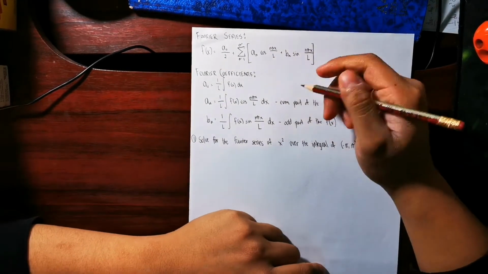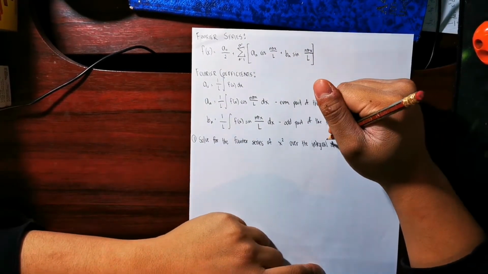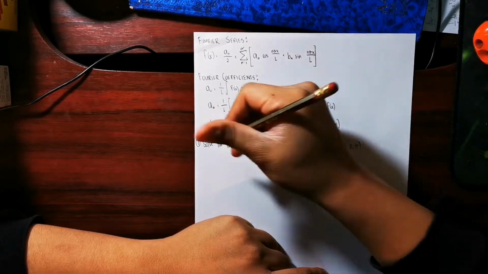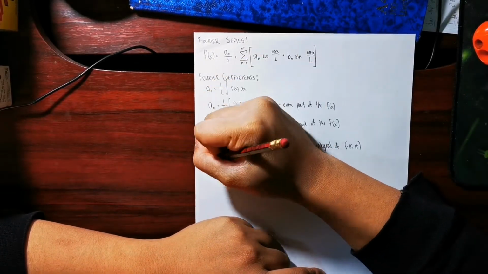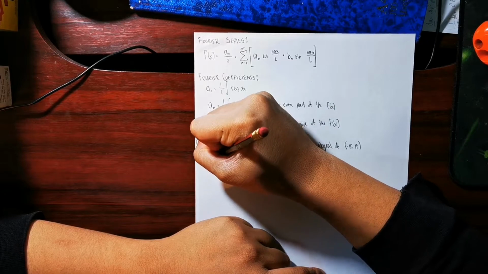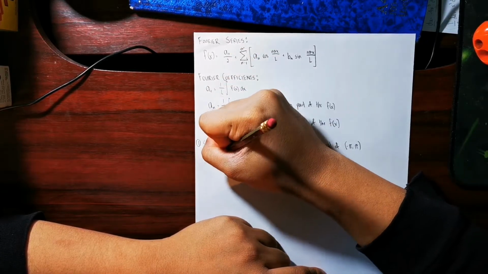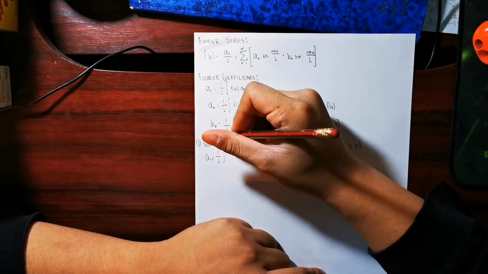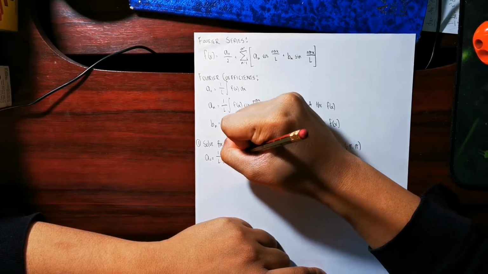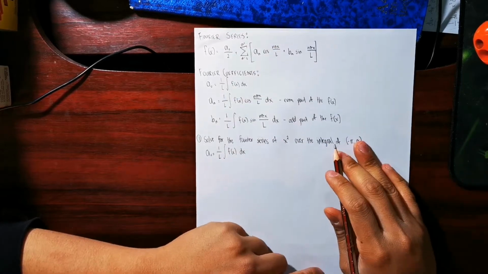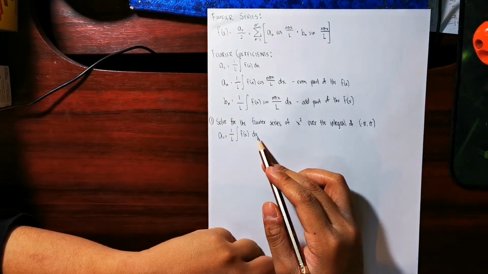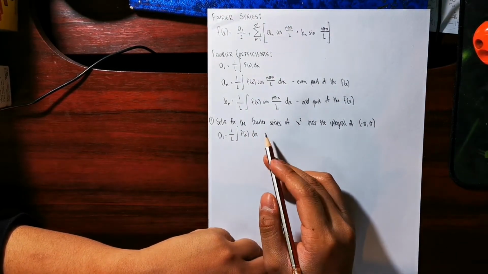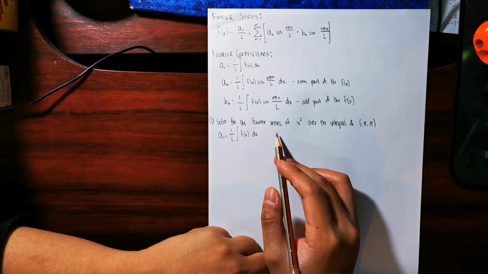Okay, so first let's start with a sub 0. For a sub 0, we have the formula 1 over L integral of f of x dx. This is the easiest part of solving Fourier coefficients and series.